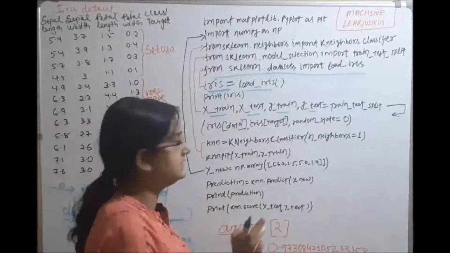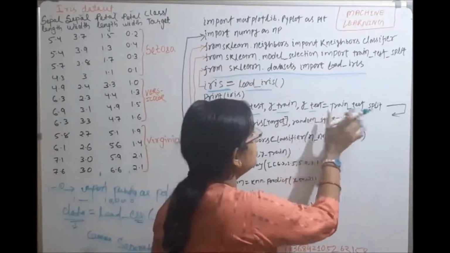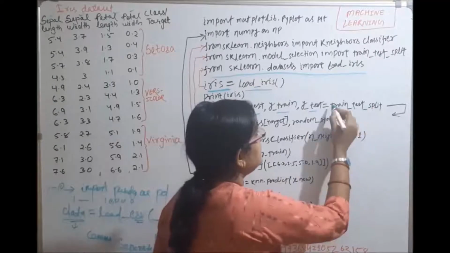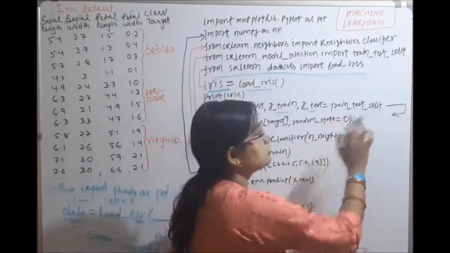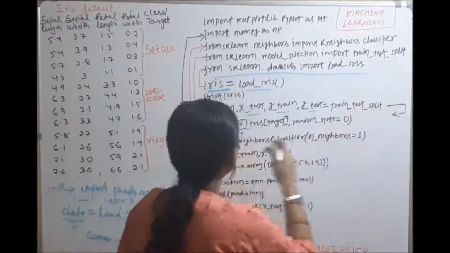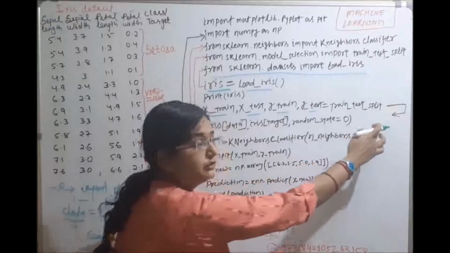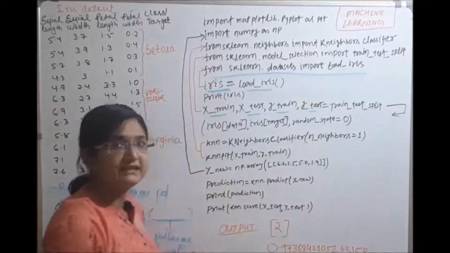So this is the syntax: xtrain, xtest, ytrain, ytest is equal to the function train_test_split. This is the function, and inside the function you have to give the parameters.